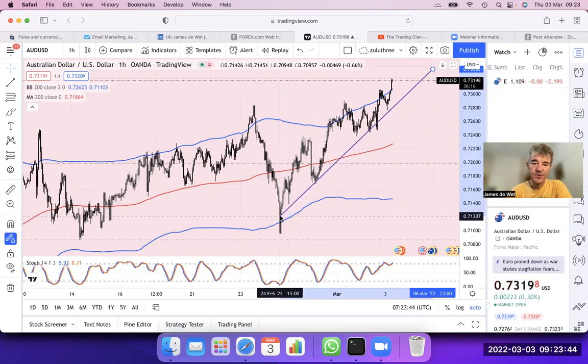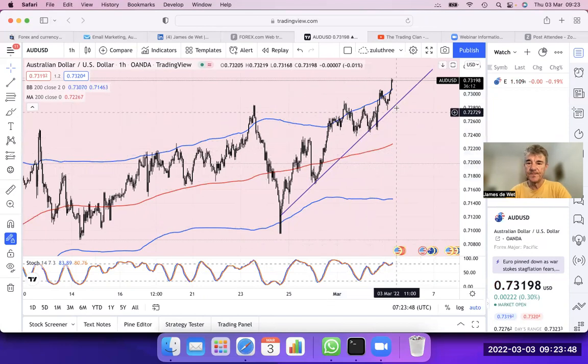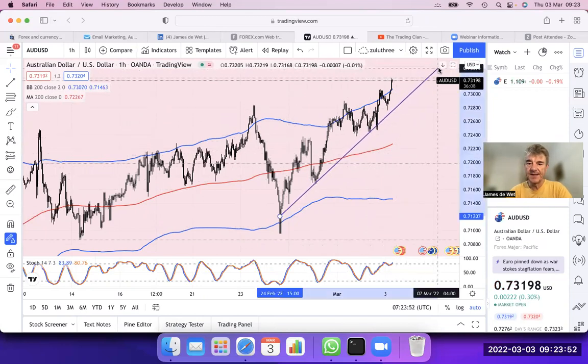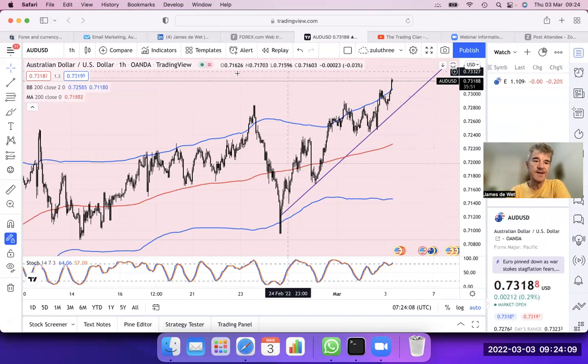We're looking for sensible and obvious lines. For example, this trend line, it's not perfect, but it's okay. We're just looking to draw something on our charts which is a natural visual support or resistance level and that sort of thing. So we've got a trend line there.